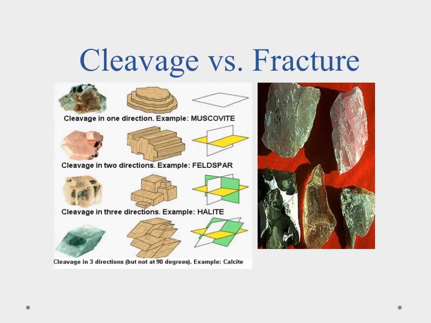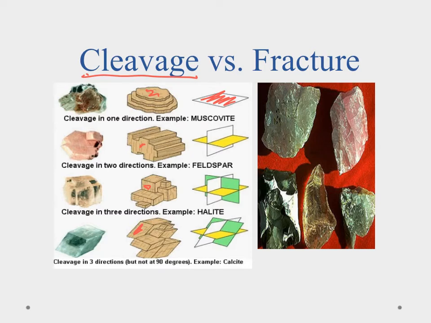Now the next two terms we're going to go over are cleavage and fracture. And these deal with how a mineral breaks. When we have cleavage, what we say is that it's going to break in one direction and form a flat surface. So if we look at muscovite here, you can see it breaks off in these little sheets, and you can see that it's a flat surface. We can have it in 2 directions like feldspar, 3 directions like halite, 3 other directions in calcite, but you see that all of these are going to have these flat surfaces to them.